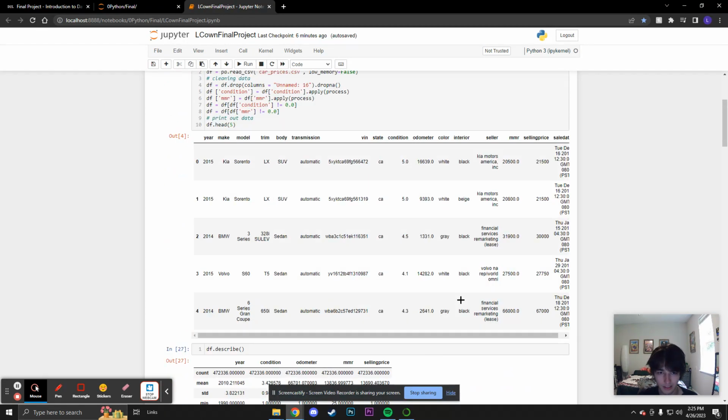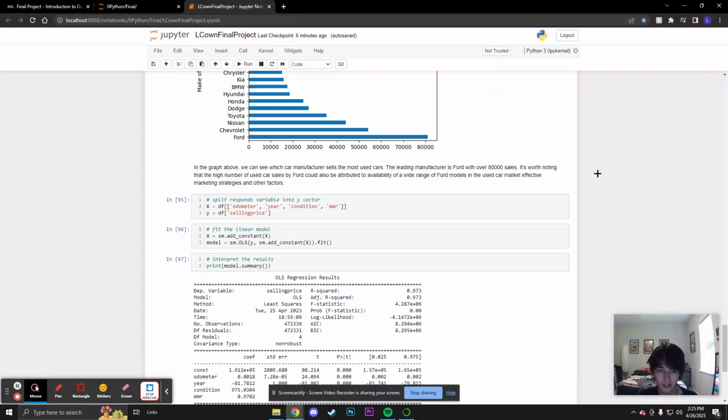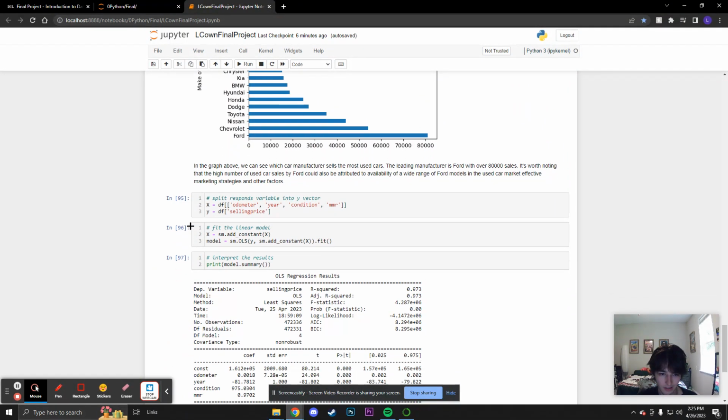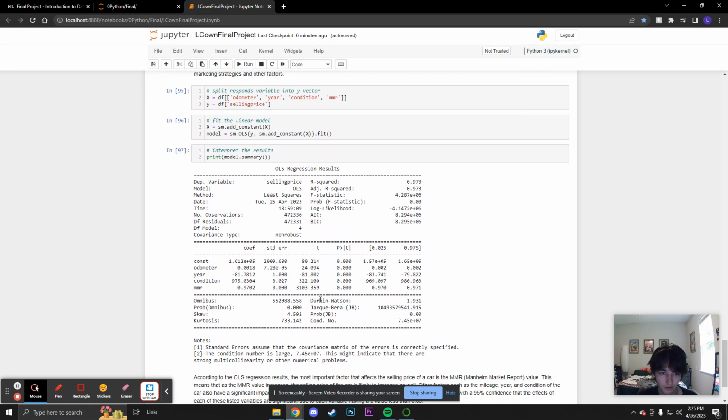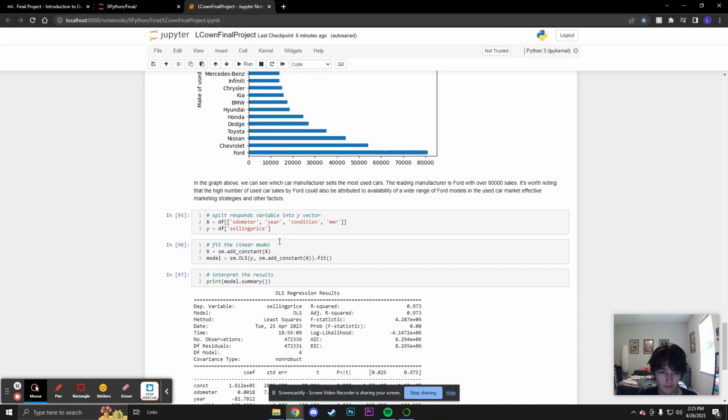My last question is, what is the most influential factor when determining the price of a used car? This is me setting up for a linear model.